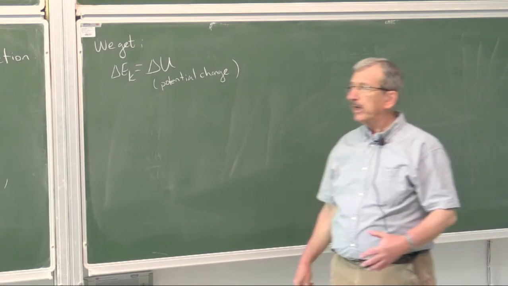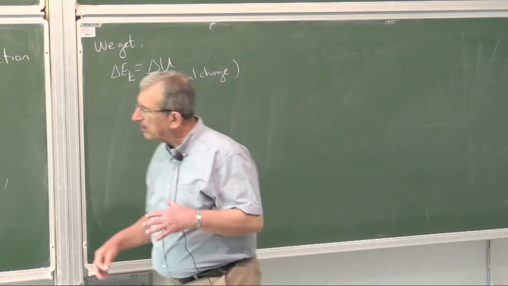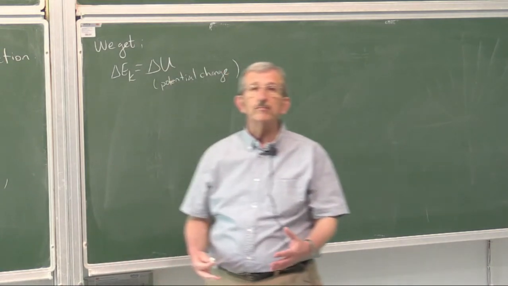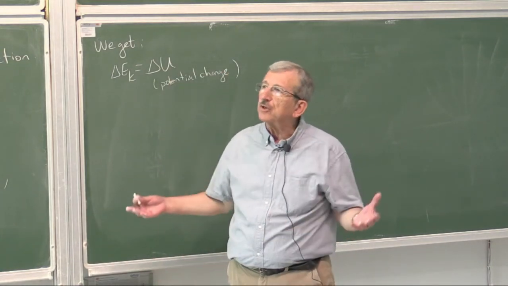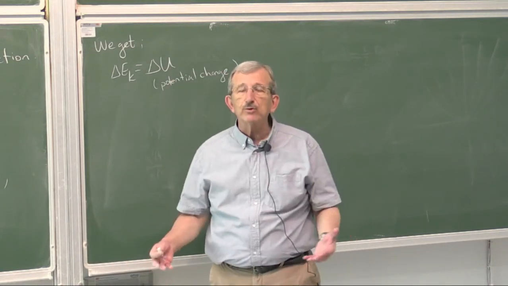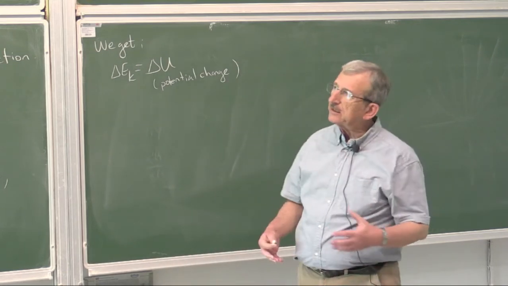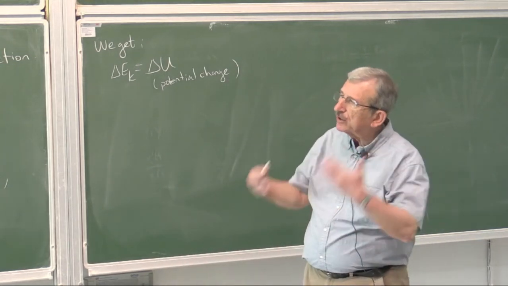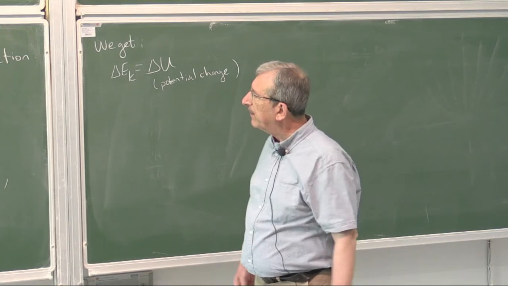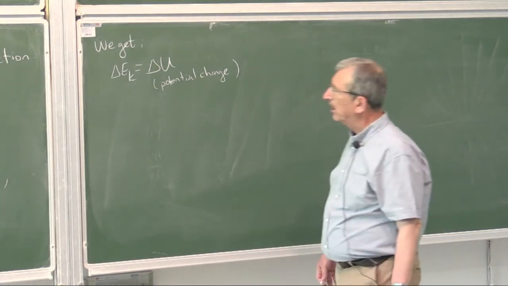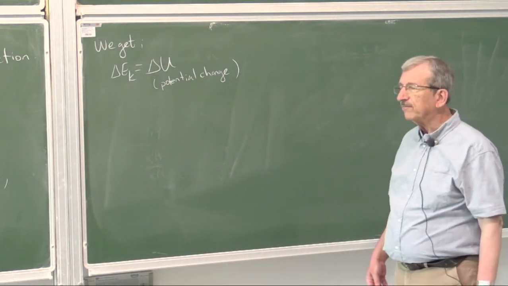So the change in kinetic energy is the same as the change in potential energy. Now, if we are considering the standard force of, say, a gravitational force or an electric force, usually these, if you increase your t, they change in the negative direction.